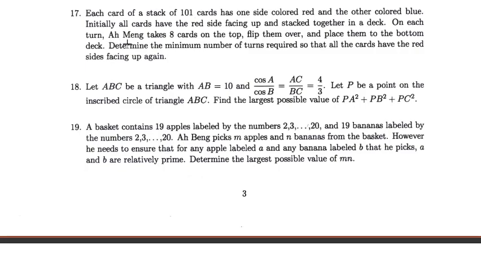On each turn, Allame takes 8 cards on the top, flips them over, and places them to the bottom of the deck. Determine the minimum number of turns required so that all the cards have the red sides facing up again.